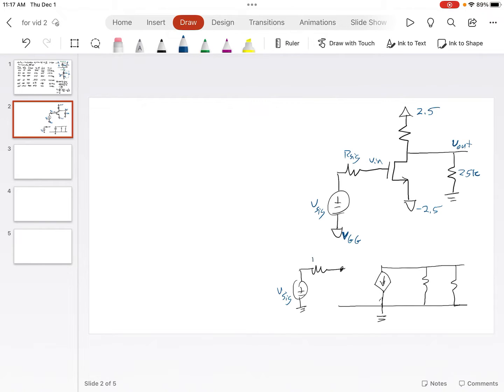V sig, R sig, plus minus, VGS, gm VGS, R naught, and RL. We need our drain in here, don't we? So let's see, we've got 15K.